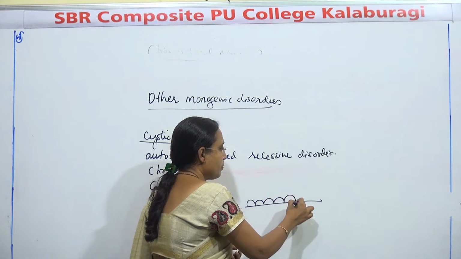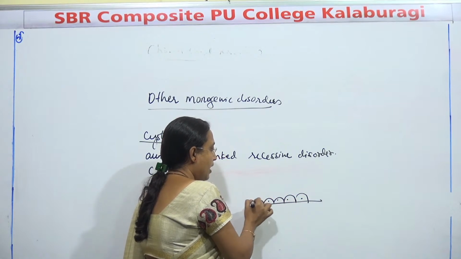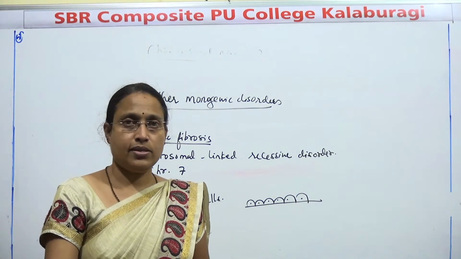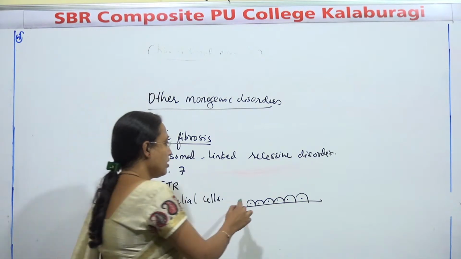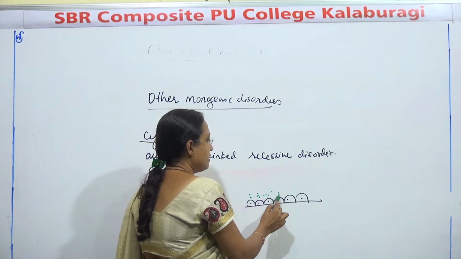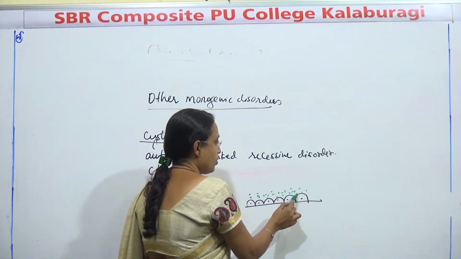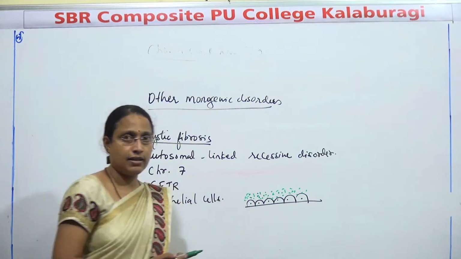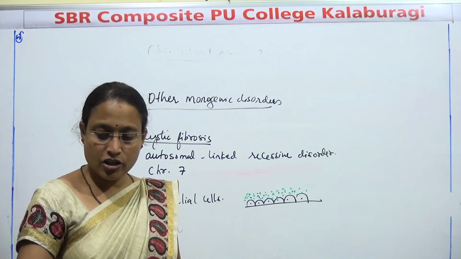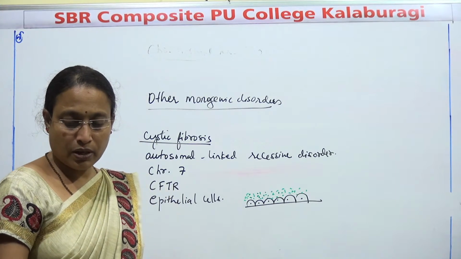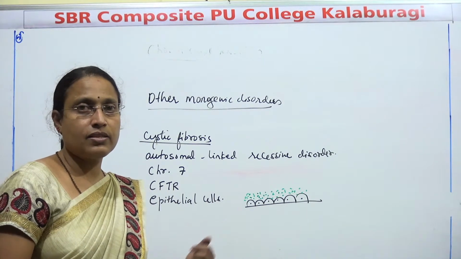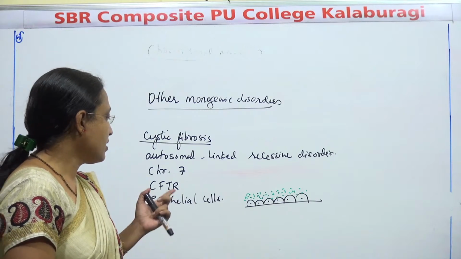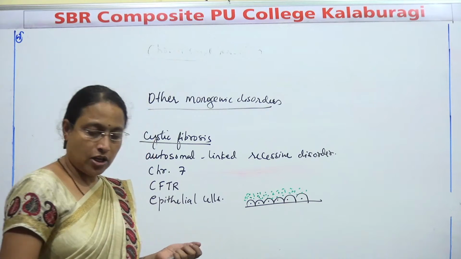So this is an epithelial layer, and the epithelial layer will have a covering of mucus. So wherever mucous membrane and epithelial cells are there, that is the region where this disease will start bringing its effect. So this is what happens here.